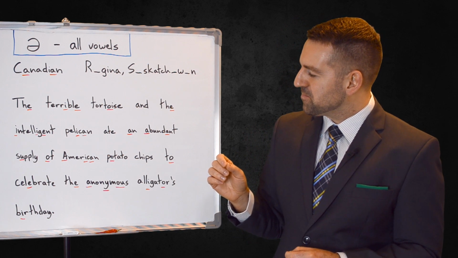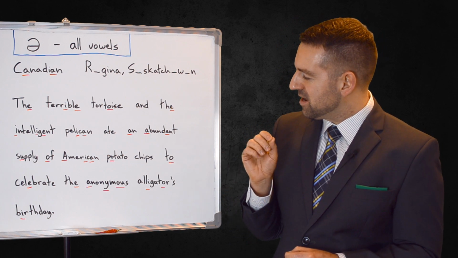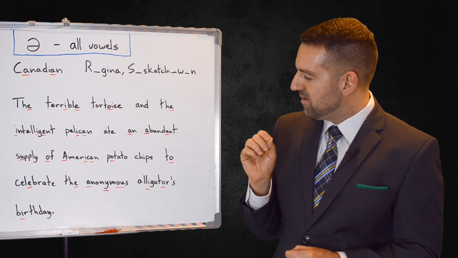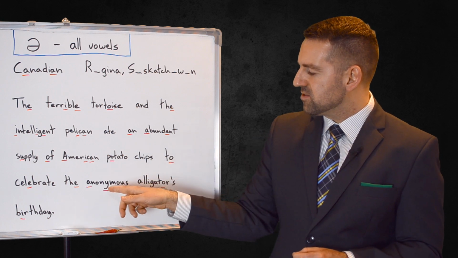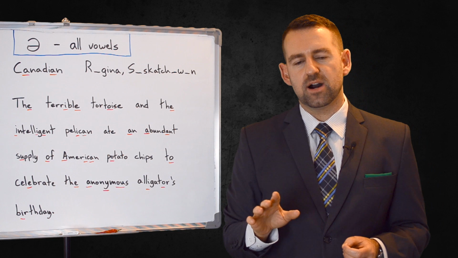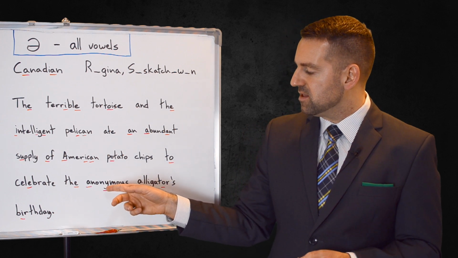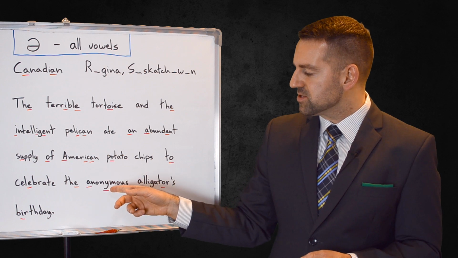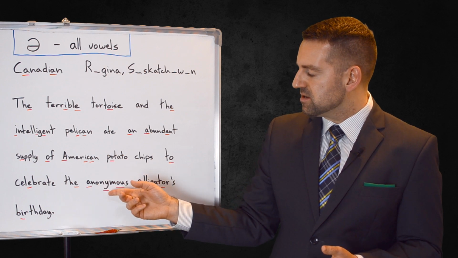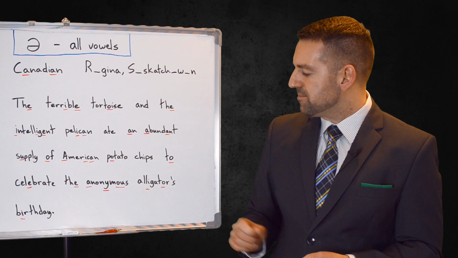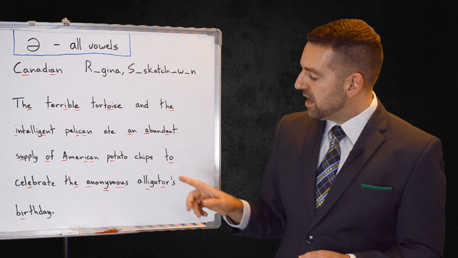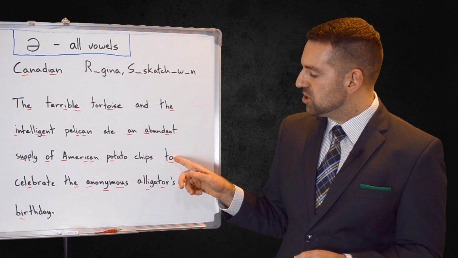Okay, what else was I going to say? Oh yeah, the Y. Sometimes Y can be a vowel sound. Sometimes Y works as a vowel as well. Like in this word, anonymous, Y is a vowel, it replaces the I. And also, you can see here the to.